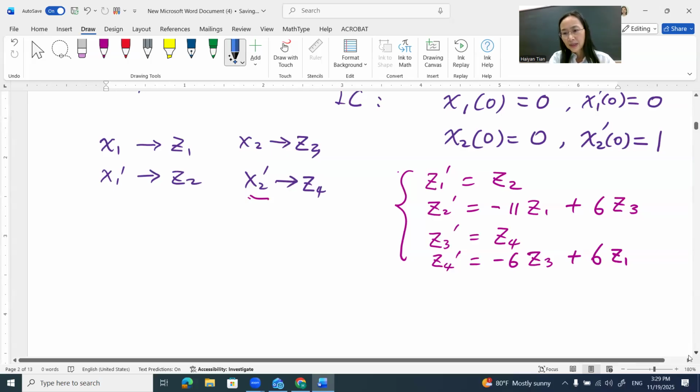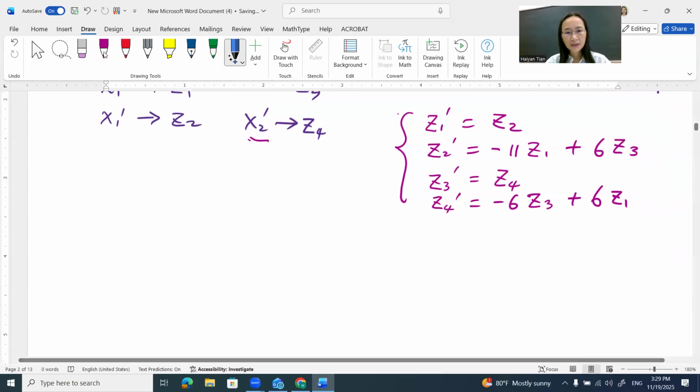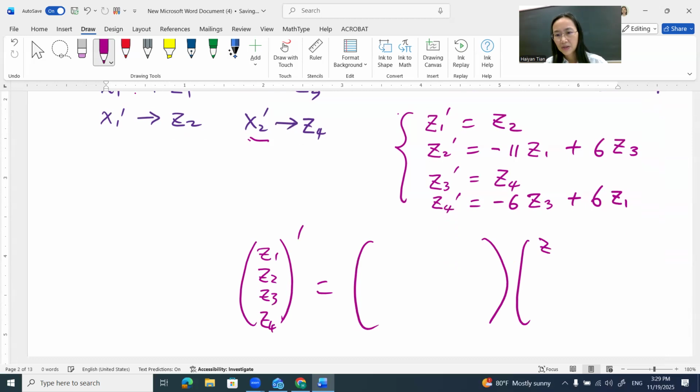So we do have additional variables in the linear system. Now we are ready to look at this linear system and write it in matrix form, so it's easier to see Z1, Z2, Z3, Z4, and what's the matrix? The first equation has the coefficient Z2, so it's 0, 1, 0, 0.